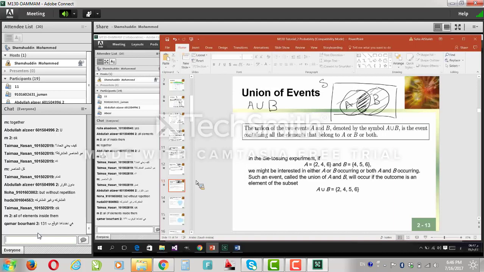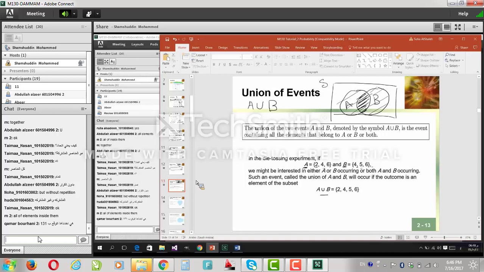So in a die tossing experiment, my event A is the set 2, and the event B is the elements 4, 5, and 6. We might be interested in either A or B occurring, or both of them happening.